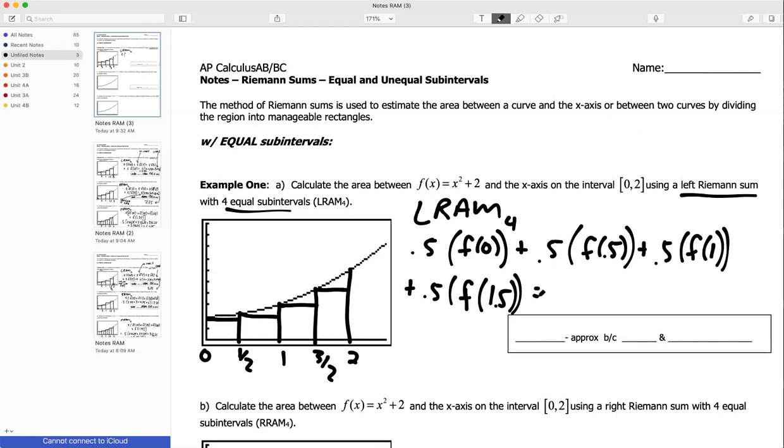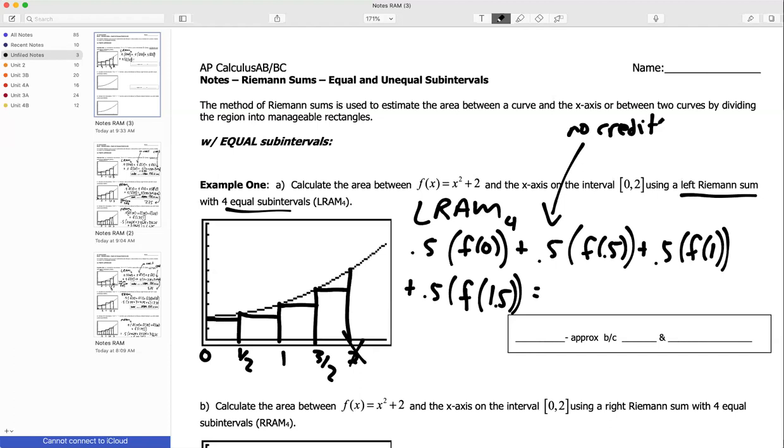And then if this is a left Riemann sum, I am not going to use my last x value here, because this is not part of the last rectangle if it's a left Riemann sum. So this line right here would not get you credit on the AP exam.